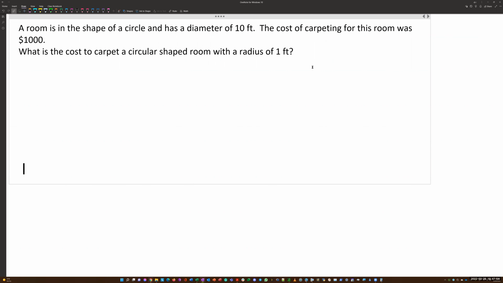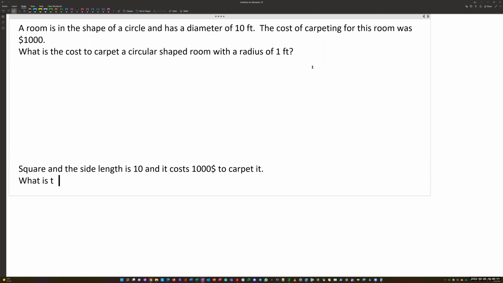Let's say the room is a square and the side length is 10 and it costs $1,000 to carpet it, okay? What is the cost to carpet a square room with a 1 unit side length?